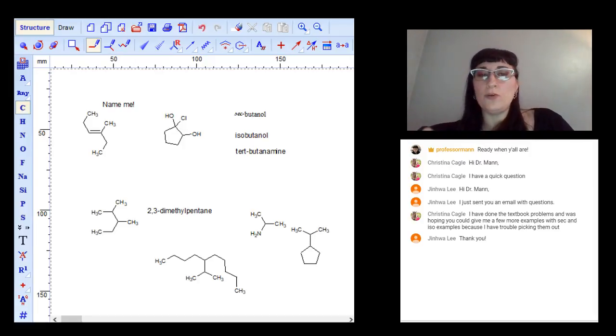In this example, you could call that isopropylcyclopentane, or it would be 2-methylethylcyclopentane. It starts to get really wordy, and you have to use a lot of parentheses. So I would call that isopropylcyclopentane, and a lot of other people would as well.